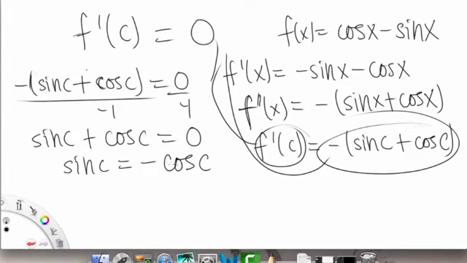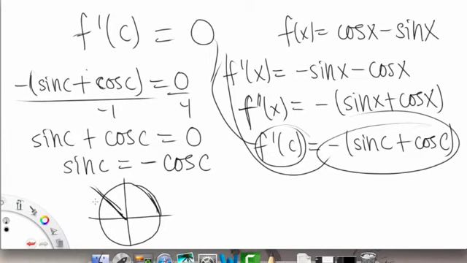And this happens, let's look at our unit circle. Sine and cosine are the same thing except for their opposites directly when we're at this point here. So this would be at the value when we have cosine being negative radical 2 over 2 and sine being positive radical 2 over 2.